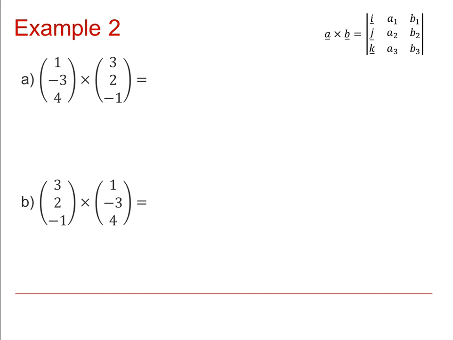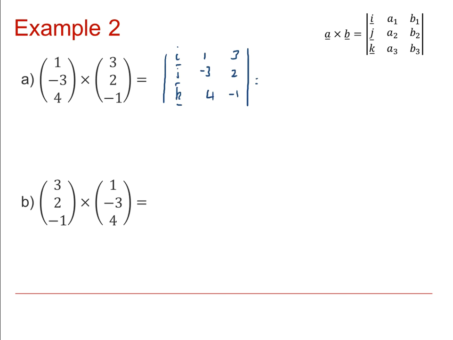As an example of that, if we're forming this cross product, we could write that as the determinant with i, j, k, and then putting in the values 1, negative 3, 4, 3, 2, and negative 1.